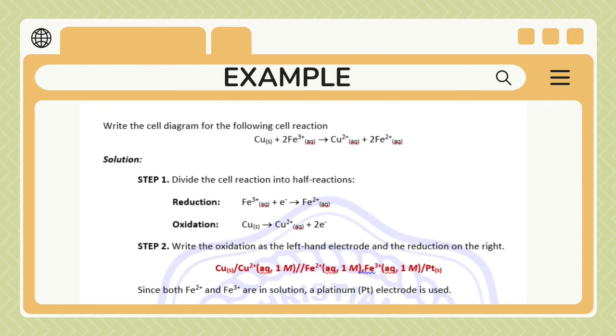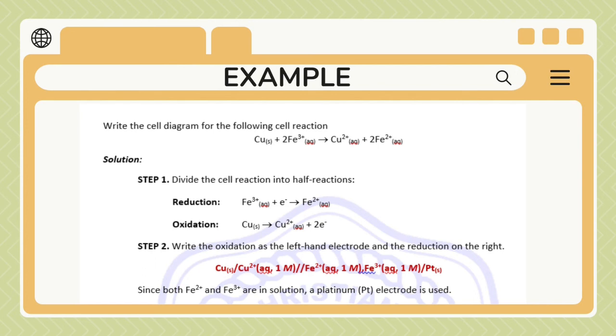For the solution, step number 1, we're going to divide the cell reaction into half reactions. The cell reaction is Cu solid plus 2Fe3 plus aqueous produces Cu2 plus aqueous plus 2Fe2 plus aqueous. We divide that into two half reactions, the reduction as well as the oxidation.